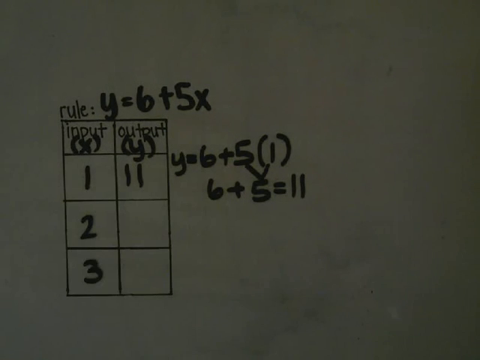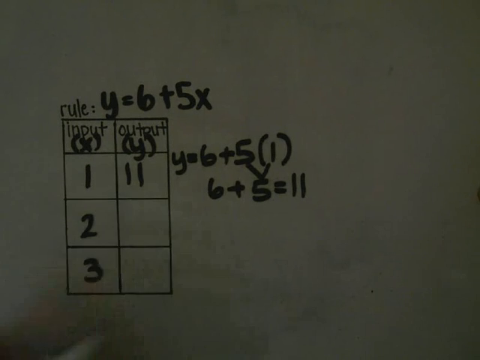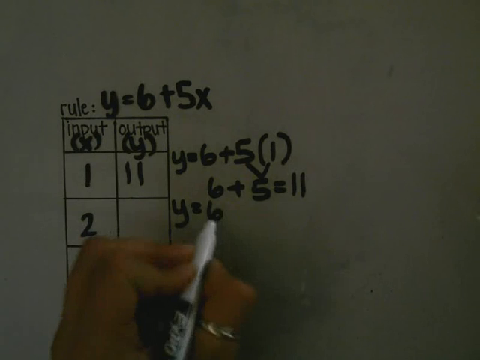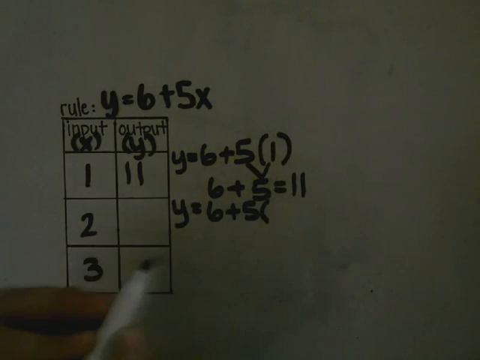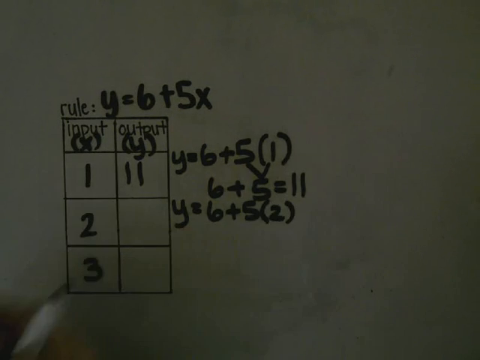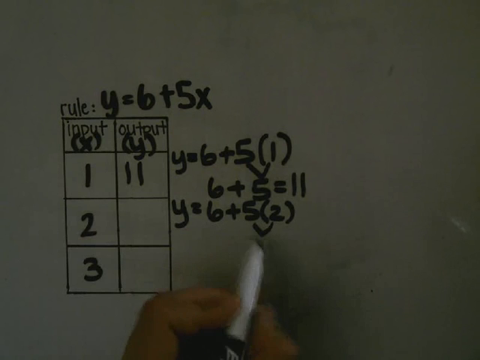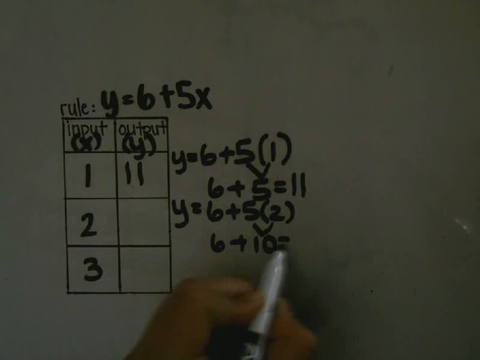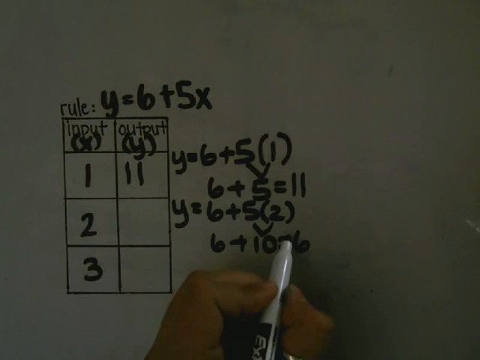Let's try another one. When x equals 2, you substitute in 2 for x. So now it's 5 times 2. Order of operations, we do that first. And you come up with 16.